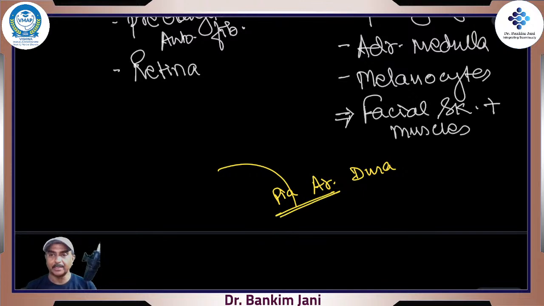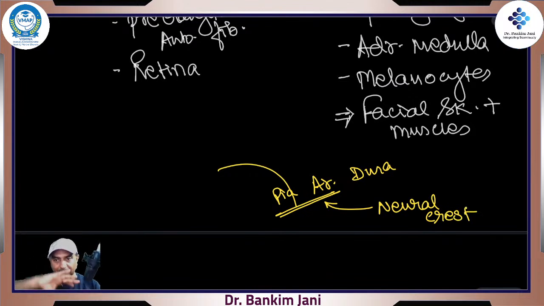This pia matter and arachnoid matter, they are formed by neural crest. The tissue of the brain is formed by the neural tube, but its covering is formed by the neural crest. And the outermost covering, that is the dura, which is for the protection, that is by mesoderm.